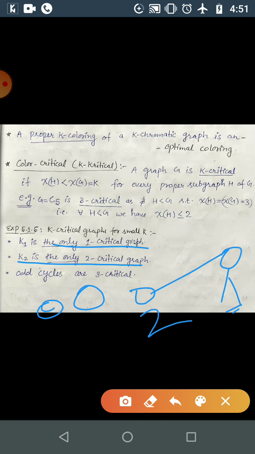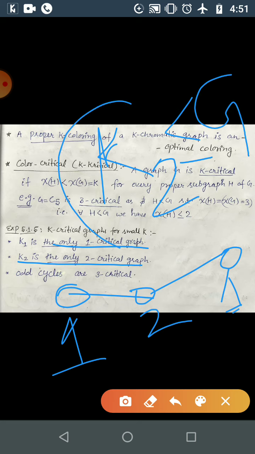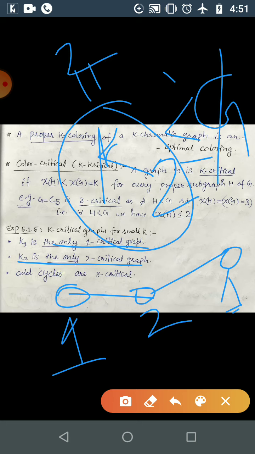And if you consider P3, because Pn also has chromatic number 2, then K2 exists in it. Whenever there is an edge, this will be a proper subgraph of G, and its chromatic number is 2. That's why no other graph G becomes color-critical for k equal to 2.